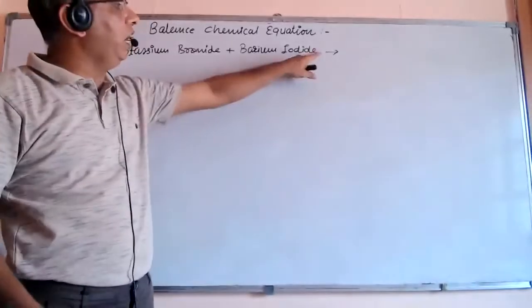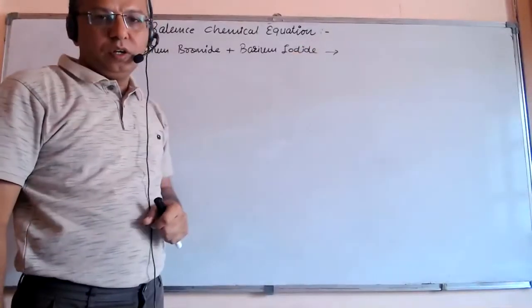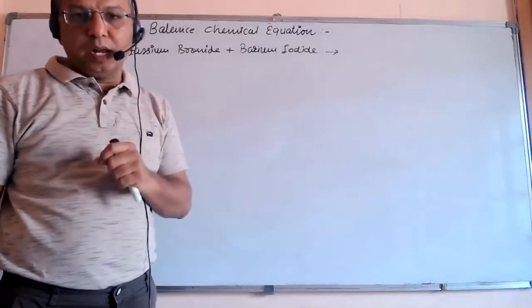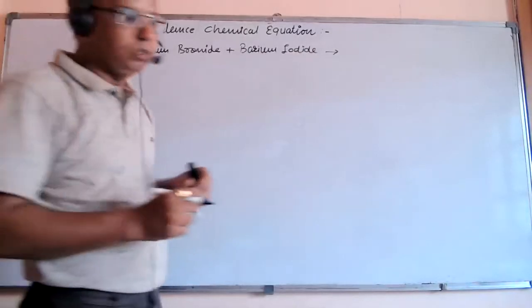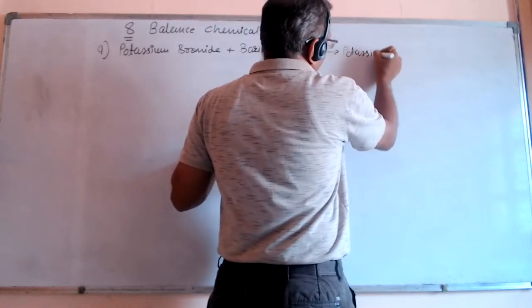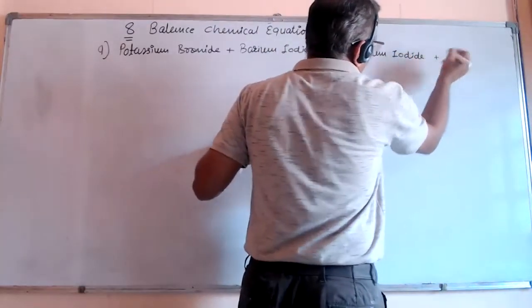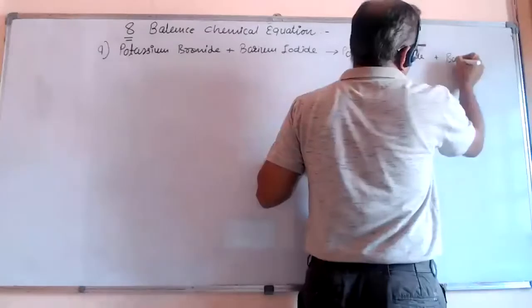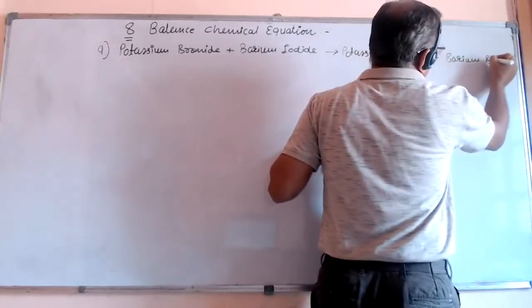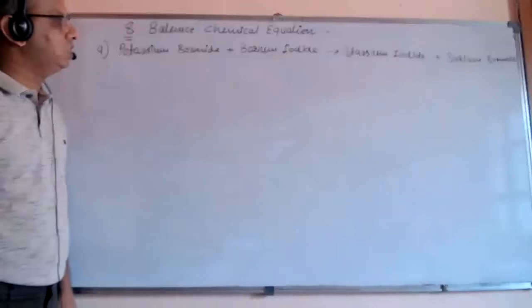On right hand side after arrow, the given products are potassium iodide and barium bromide. So this is the question given to you, friends.